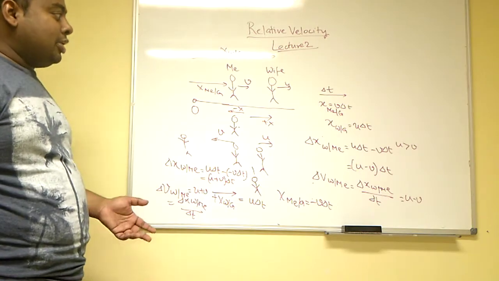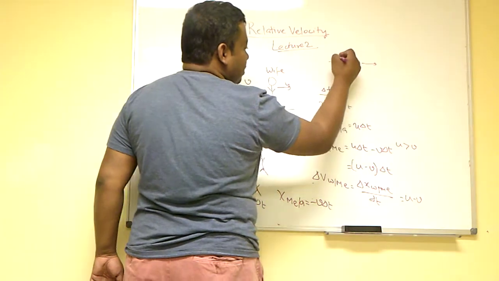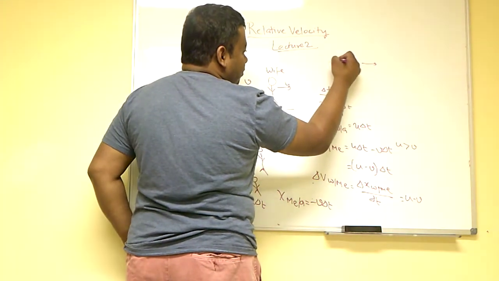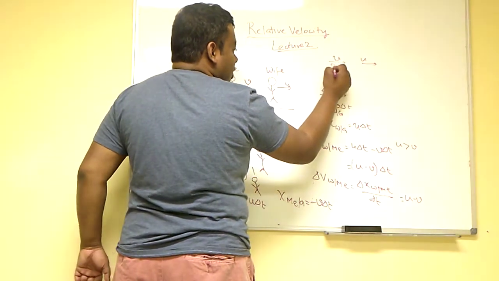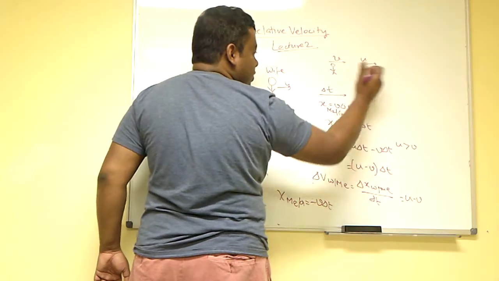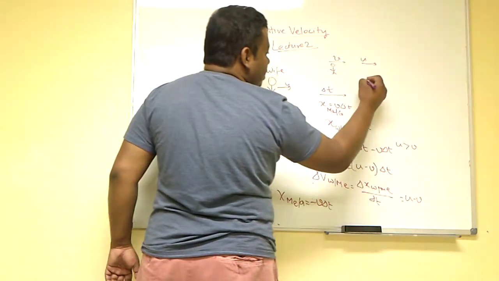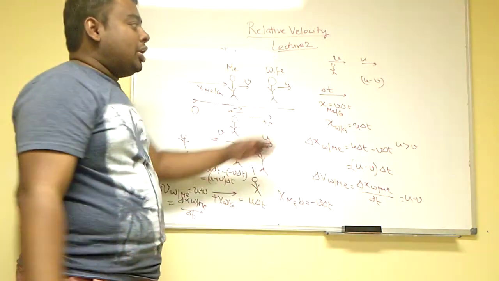So the concept is, if two bodies are moving in the same direction at velocity v and u respectively, then in this frame of reference, for the body which is just ahead of this one, the relative velocity is u minus v.